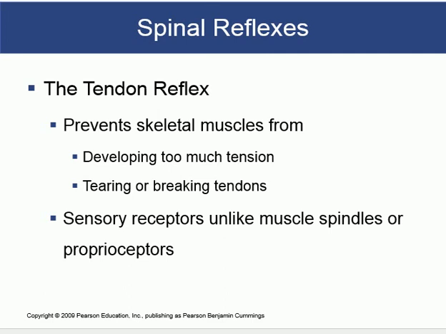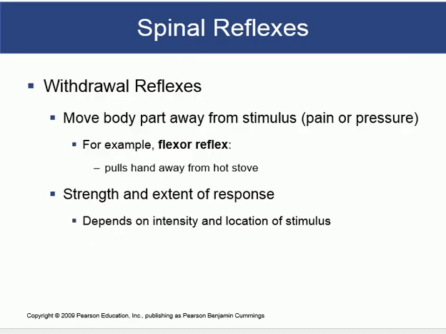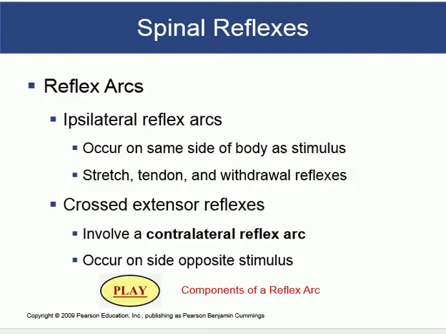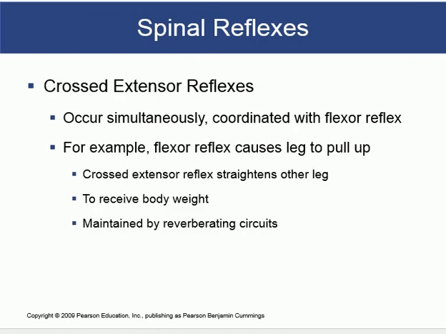Tendon jerk or tendon reflex. Flexor reflex, we talked about this. Is it poly or monosynaptic? Polysynaptic. Reciprocal inhibition, we talked about this, which is important also. Ipsilateral versus contralateral or crossed.